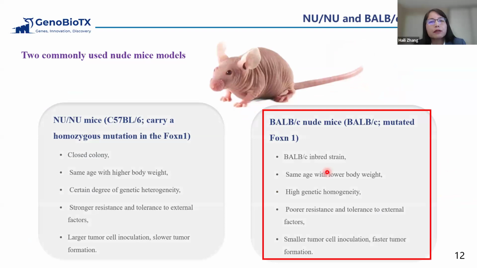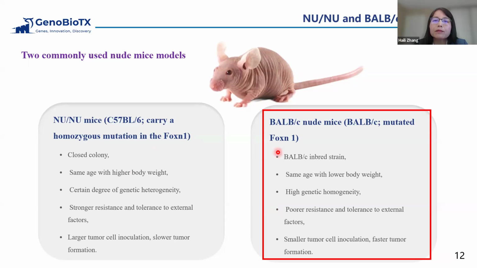So here shows two commonly used nude mice models. Nude mice models can be used for xenograft transplantation, cancer research, and immunology research. One is nude mice, on a black 6 background, carrying a homozygous mutation in the FOXN1 gene.